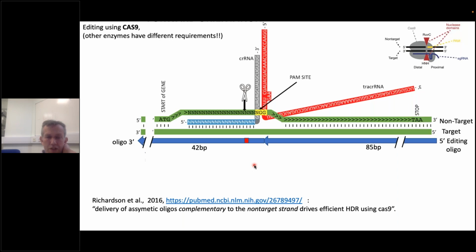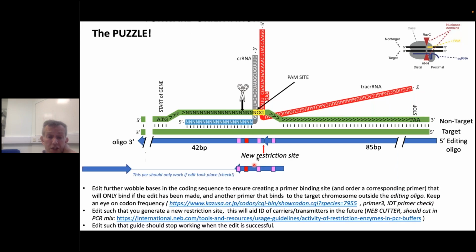Okay, so once we have identified where we want to make the edit, we need to do additional things. And this is really what I call the puzzle, because it's really complicated. But we usually get it worked out. So first of all, we want to add further wobble bases in the coding sequence to ensure that we create a primer binding site, and we're going to order a corresponding primer then that will only bind the target area if the edit has been made.